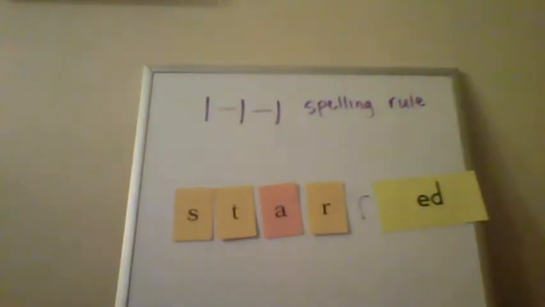And then you're going to go to page 78, and you're going to work on the R-controlled syllables. It says, mark the R-controlled syllables. So we're going to do an example on page 78 of what that looks like.